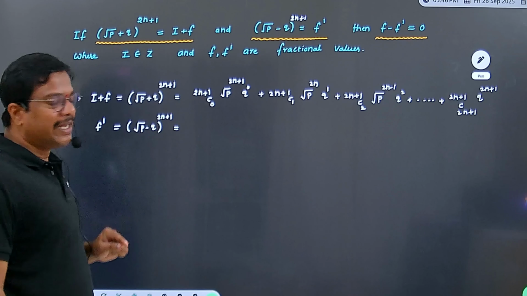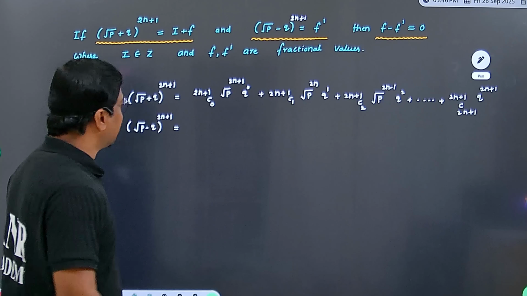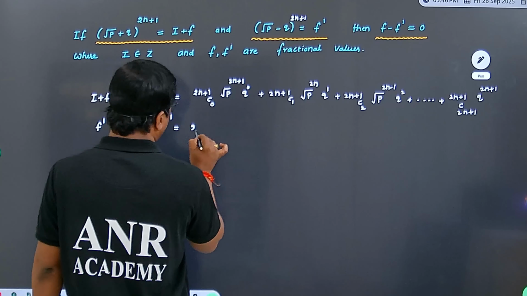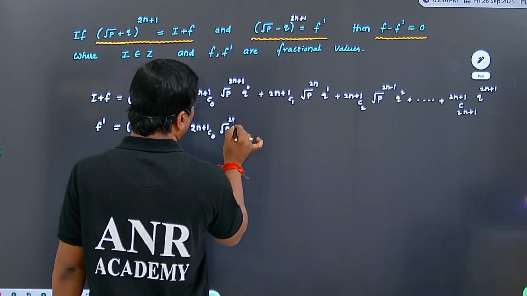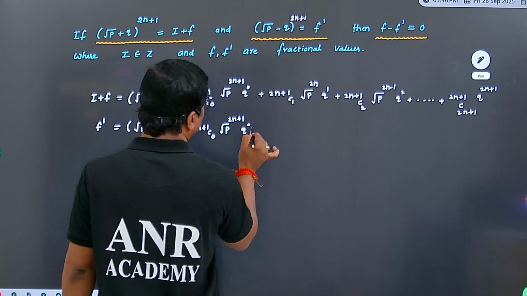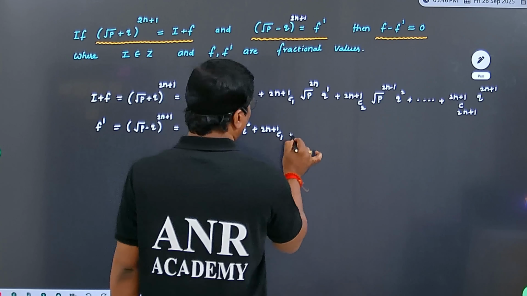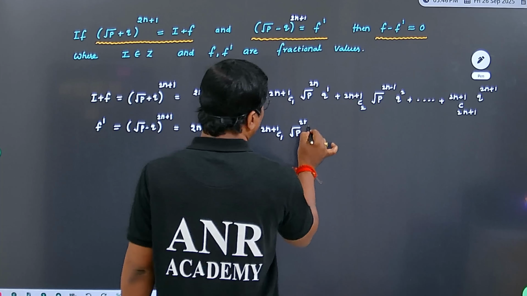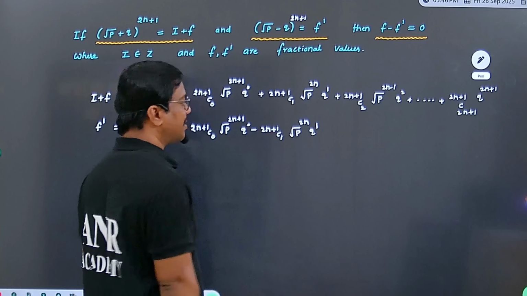When you have a negative sign here, we get alternate plus minus signs. So here I am writing 2n plus 1 c0 root p power 2n plus 1 q power 0 plus 2n plus 1 c1 root p power 2n q power 1. Here it is with a negative sign, right? Yes.